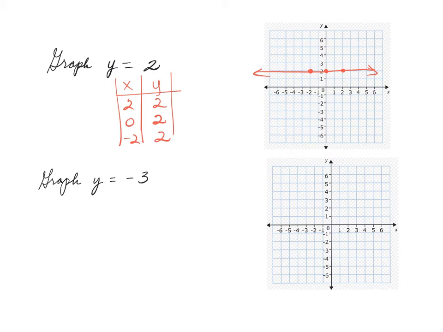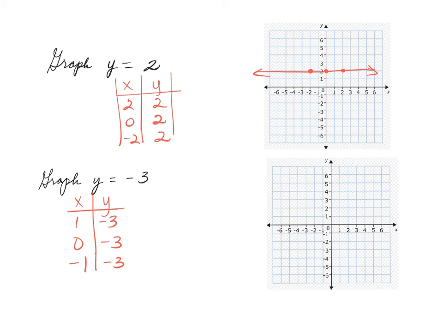And then look at y equals negative 3. It's going to be a horizontal line going through the point on the y-axis where y equals negative 3. So if you want to make a table, it means no matter what x is, y is negative 3. If x is 1, y is negative 3. If x is 0, y is negative 3. If x is negative 1, y is negative 3.